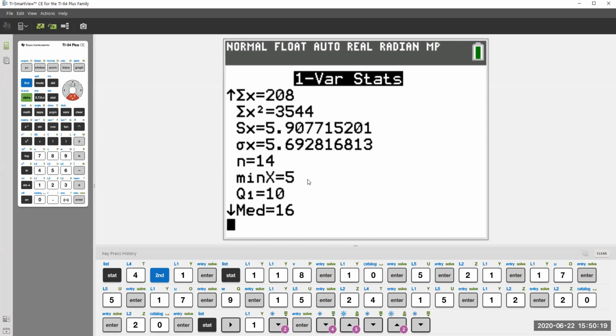Now, as far as the mode, you need to go back and just look at the set and see if you find any number that is repeated the most, then that's your mode. I see the 5, one 5 here, another 5 here. What else? I see another value that's repeated, the 20, 20.